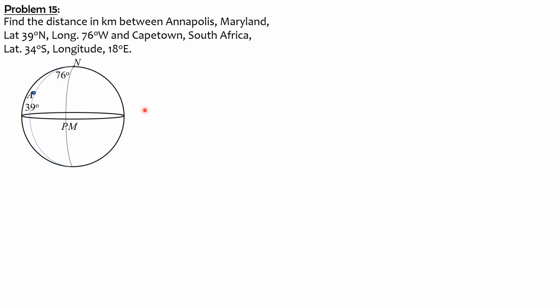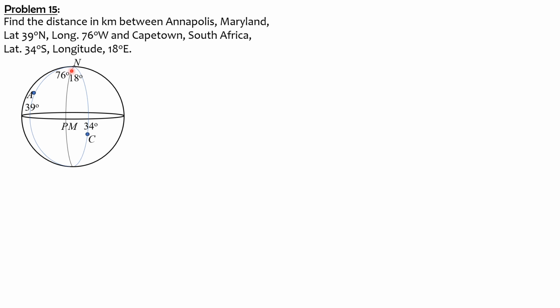Likewise, Cape Town, South Africa, I'll just call it point C. The longitude is 18 degrees east, so from the prime meridian eastward, so this is the meridian through Cape Town, South Africa. So that's 18 degrees there, and that is Cape Town, and this is 34 degrees because it's south.